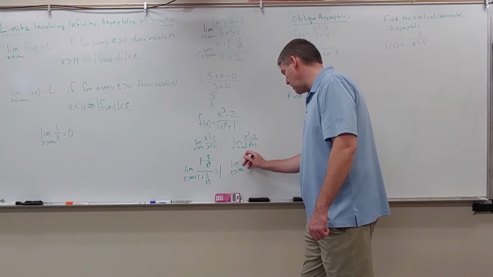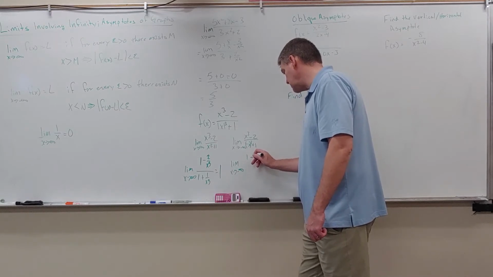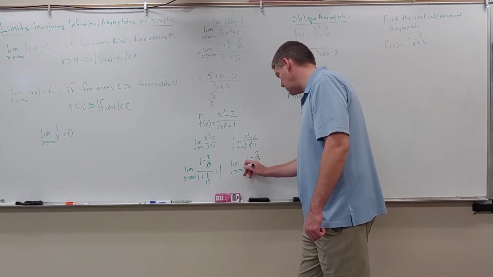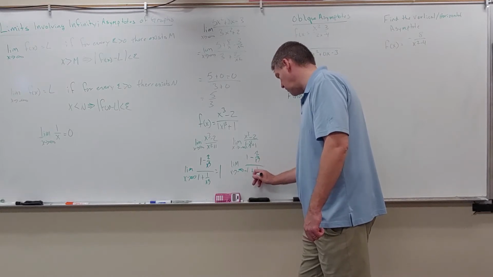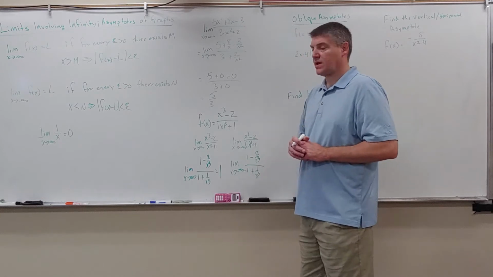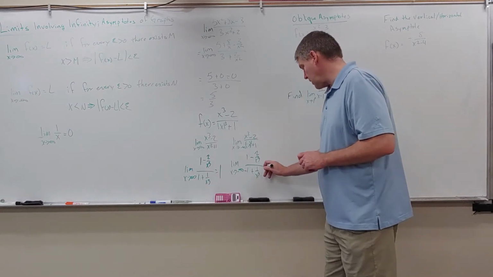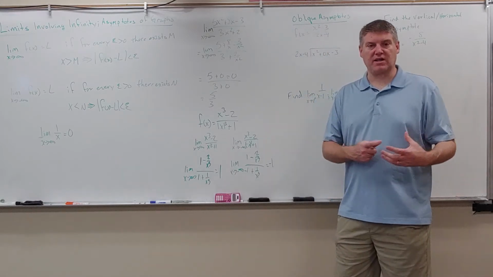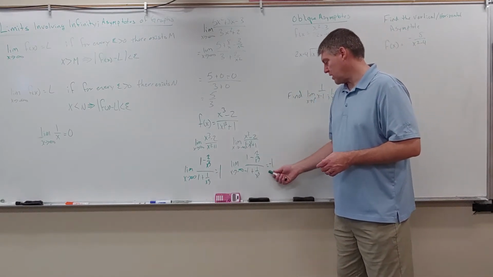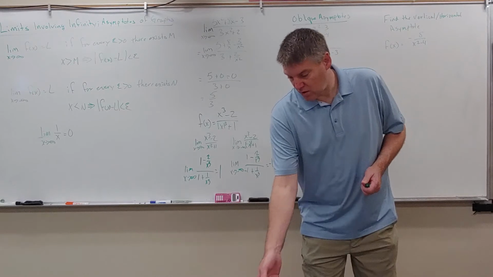Now in the second one, we do the same thing, but we're going to negative infinity. So I have 1 minus 2 over x cubed over negative 1 plus 1 over x cubed. Now I end up with a negative 1. So as I go to negative infinity, I end up with negative 1.